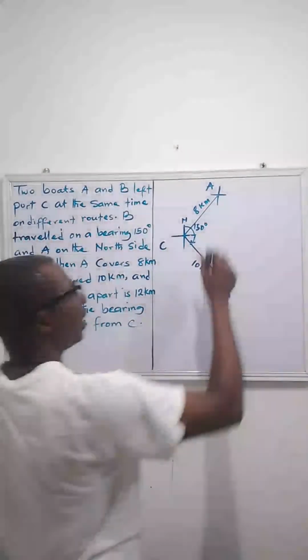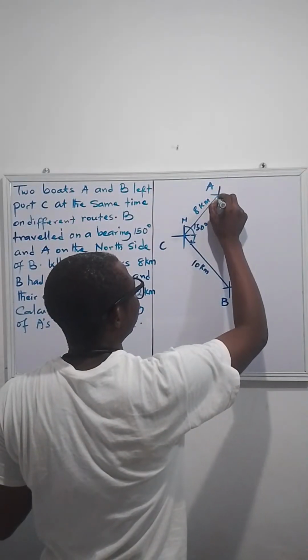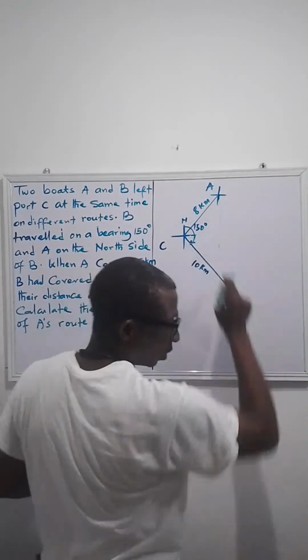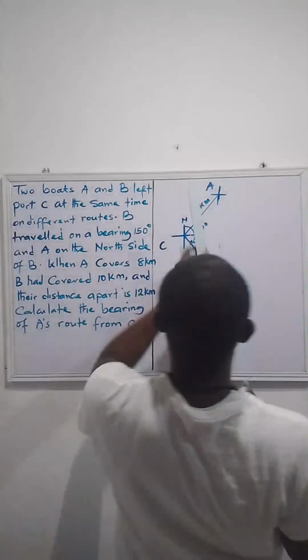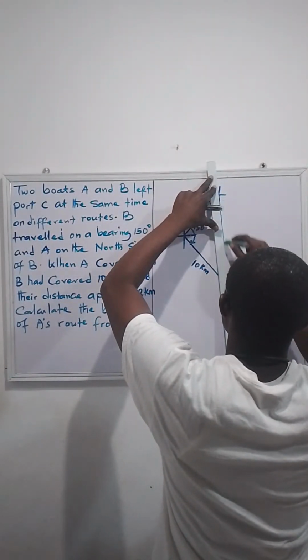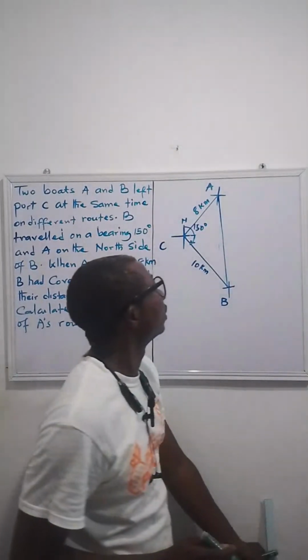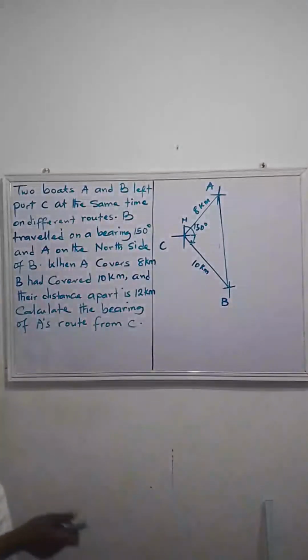Now let's join the points together. So we have something of this form. Now that is the point. Can you see that now?